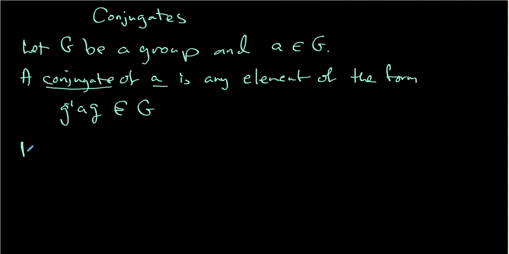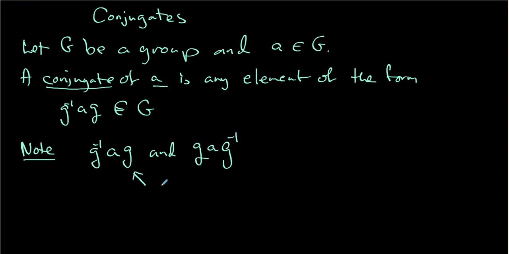It is worth noting that if I look at a with G and G inverse, and I look at G inverse a G, these are both conjugates, because in both cases I have multiplied the element a by an element and its inverse on each side.